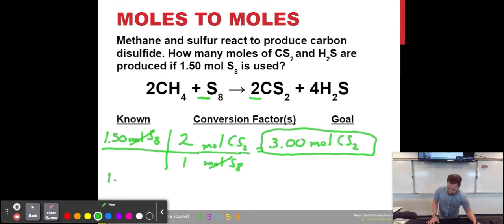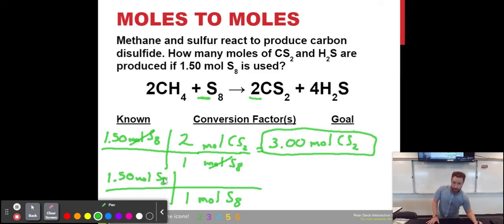Now we can start with the same exact reactant and do another calculation to figure out how many moles of H2S would be produced. The molar ratio between S8 and H2S is that for every 1 mole of S8, which I'm writing down here because moles of S8 is up here, so I want them to be diagonal to one another. And just a reminder, the reason I'm doing that is because I want to cancel out moles of S8. I don't want that to be left around.